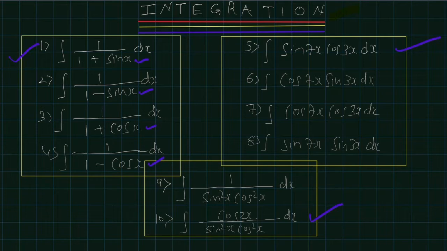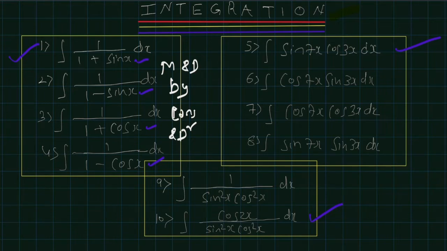The question you should ask here is, is there a similar technique by which we can solve these questions? The answer is yes. We just have to multiply and divide by the conjugate of the denominator. That's the methodology, and using this technique you can solve all these 4 questions.